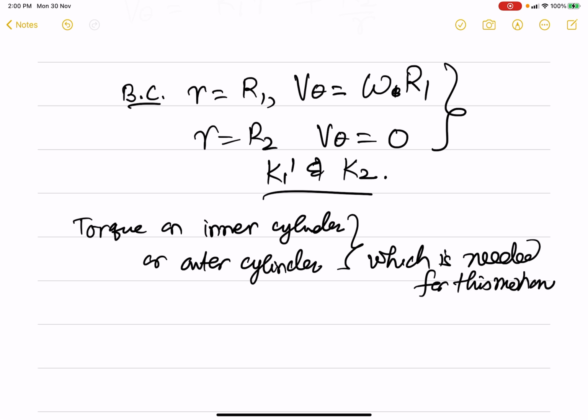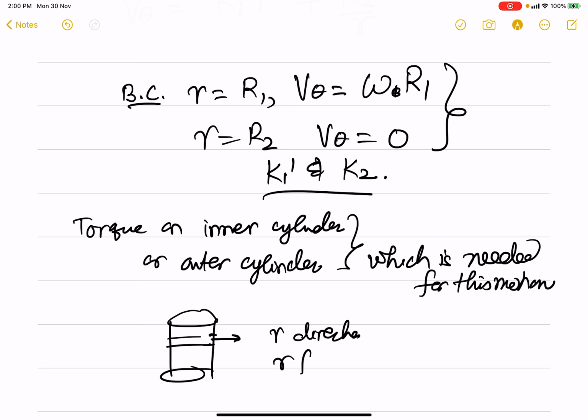How will you do this? Let's say we want to find the torque on the inner cylinder. So we take an elemental area here. When I look at it, the normal is in the r direction.